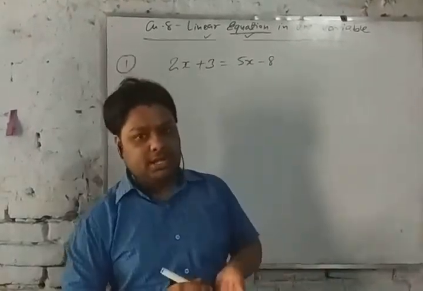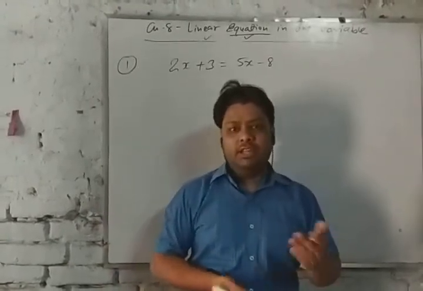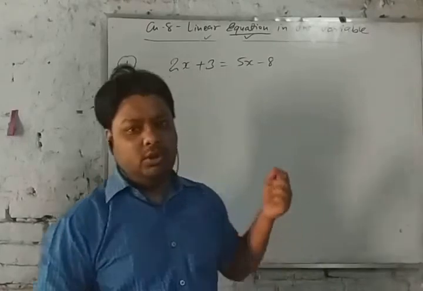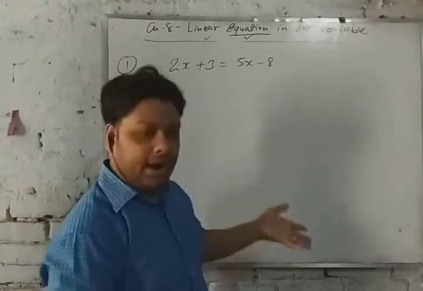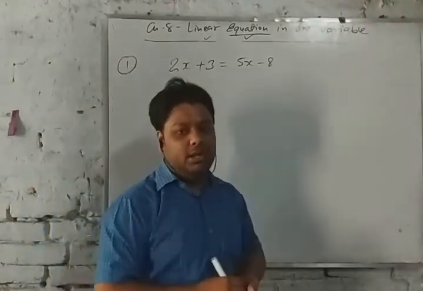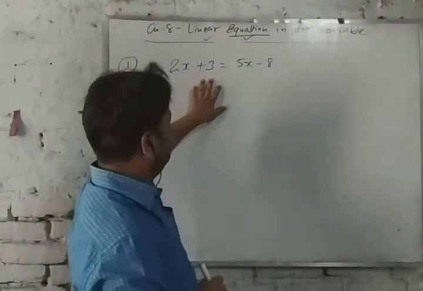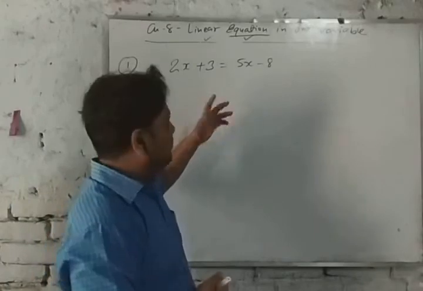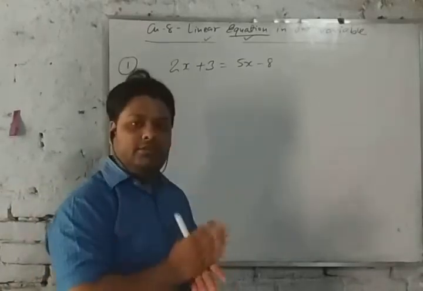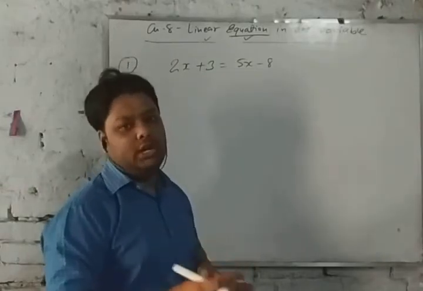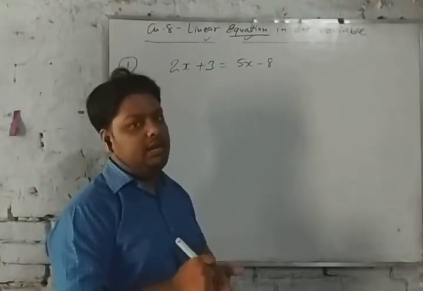If there is a plus sign, it will become minus. If there is a minus sign, it will become plus. If there is multiply, it will become divide, and divide becomes multiply. If we change the position of a constant or a variable, we change the sign also.